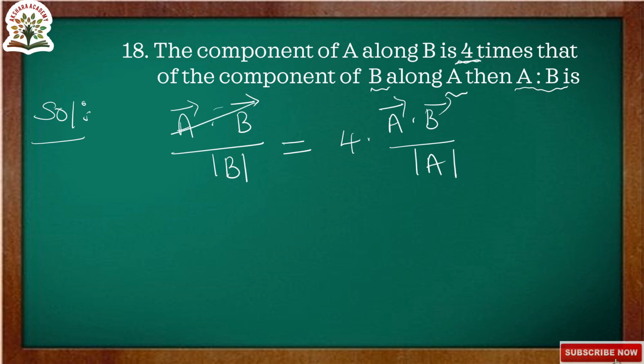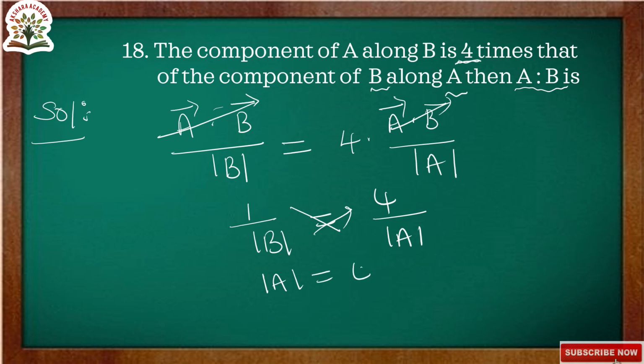Here a bar dot b bar cancel each other, and the next, 1 by modulus of b bar is equal to 4 by modulus of a bar. So this can be written, taking cross multiplication, modulus of a bar is equal to 4 into modulus of b bar.